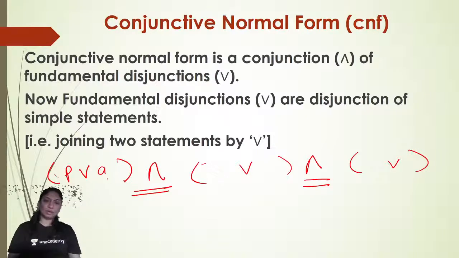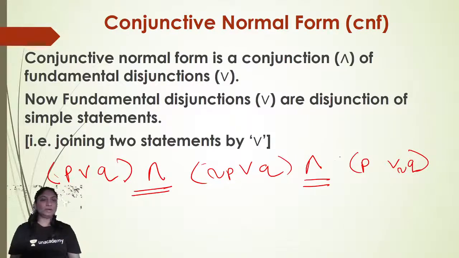So these are the fundamental disjunctions, joining 2 or more statements by disjunction. Within a small bracket there is or, and between these 2 brackets there is and. So this is an example of conjunctive normal form.